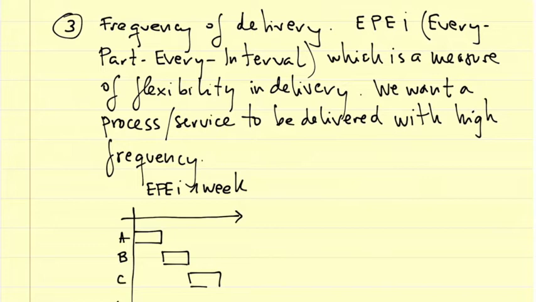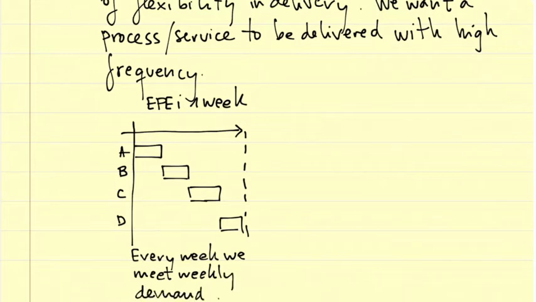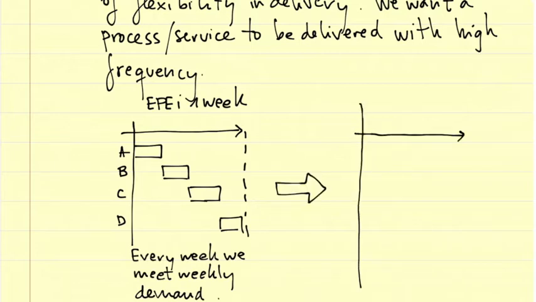A, B, C, D. So every week we meet weekly demand, which is okay. But imagine that we transform our process so that we can not only meet our weekly demand every week, but we can meet it every day. If I have an habil of 1 day, we can meet our daily demand every day.